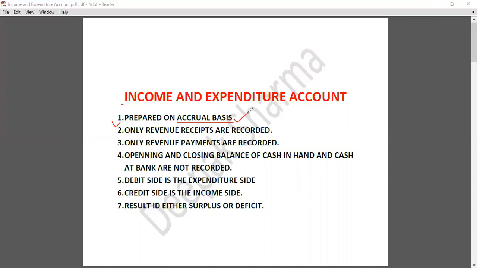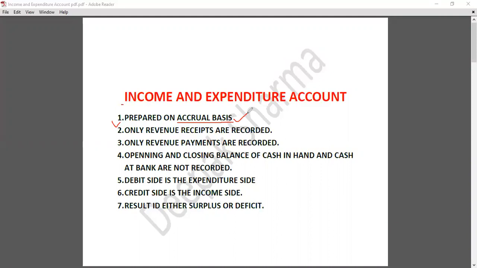Another example we can take here is outstanding expenses. So what are outstanding expenses? Outstanding expenses means those expenses which have not yet been paid, but have become due. So even if we have not paid the amount, but the expense has become due, in that case also we can show that item in income and expenditure account.